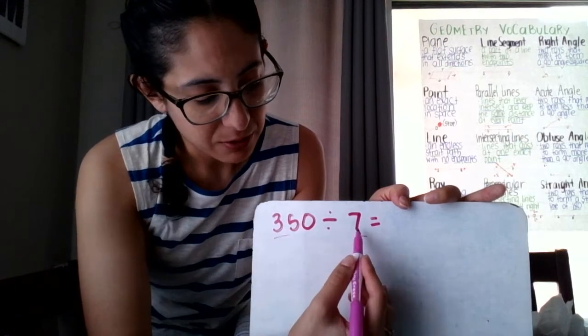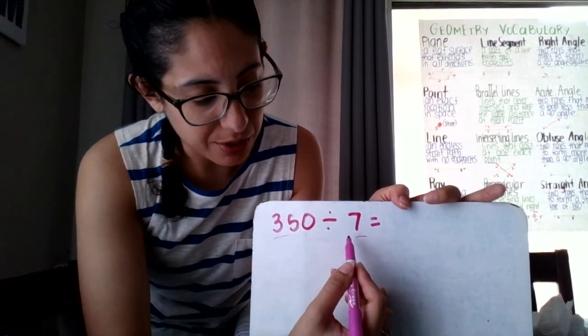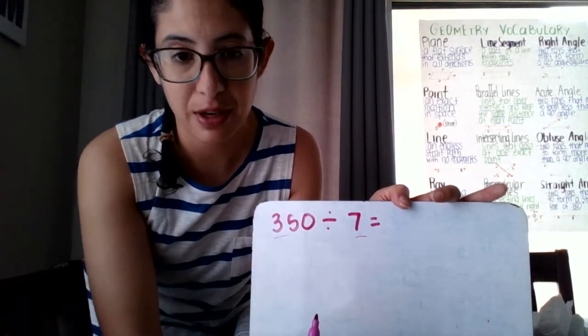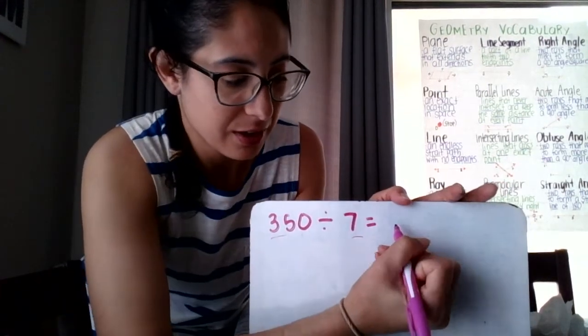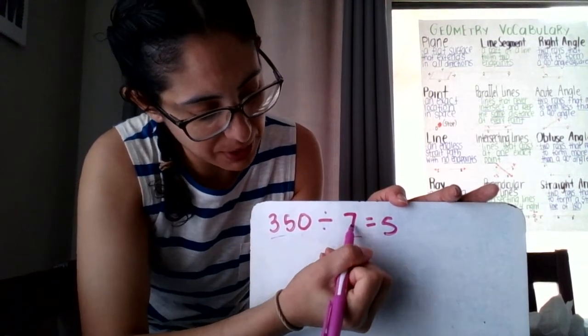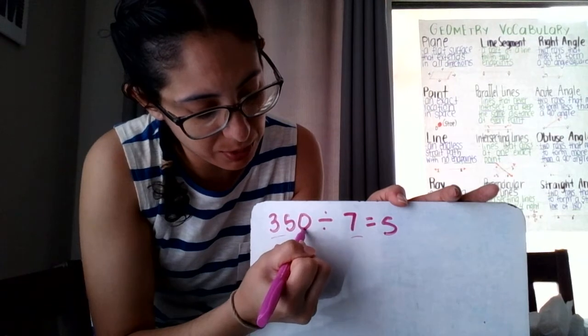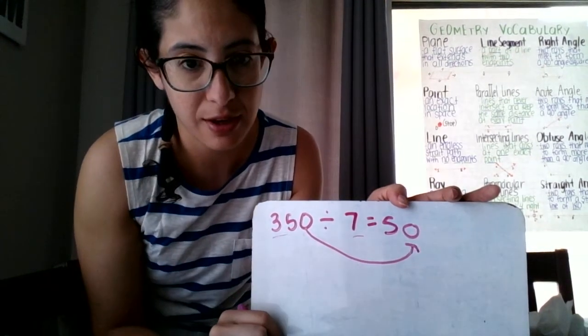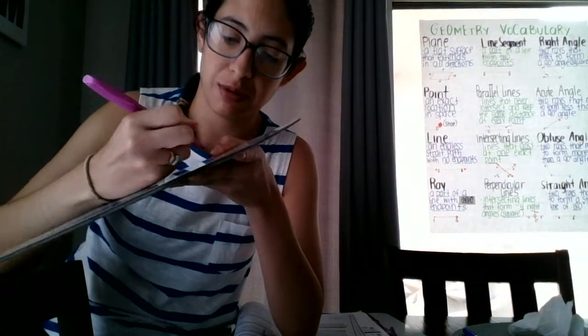Well, I know that 7 times what gives me 35? 5, right? So you know 35 divided by 7 is equal to 5, and then what do we do with our 0? We bring it over, right? So our answer is 50. Okay, let's do another one.